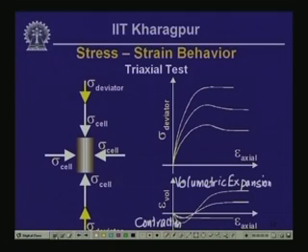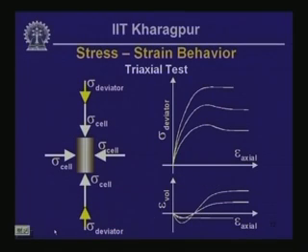Based on this, we are going to plot the Mohr circle concerning the stress condition in these triaxial tests, and we will be trying to identify the strength parameters from this series of testing of 3 cylindrical samples of soil or rock mass or intact rock.